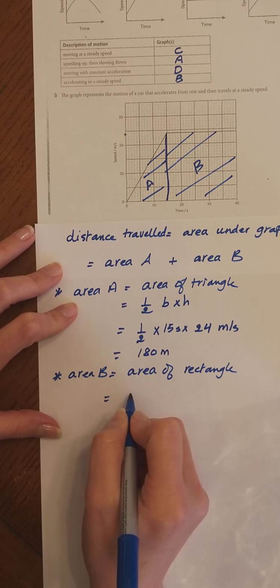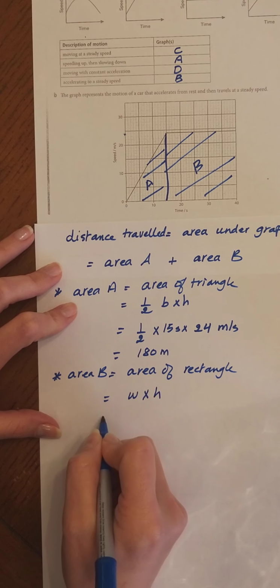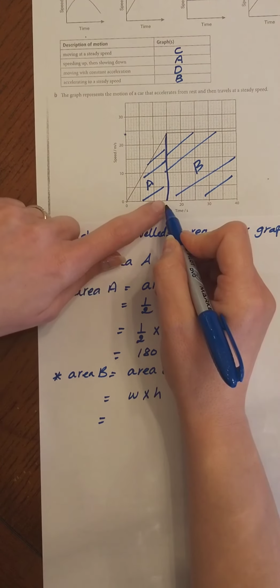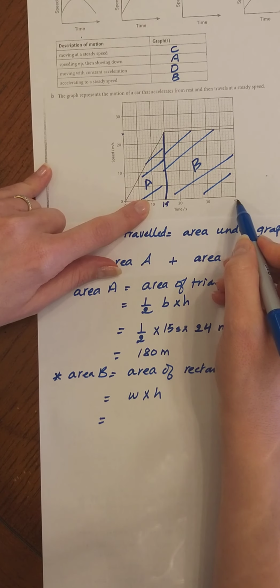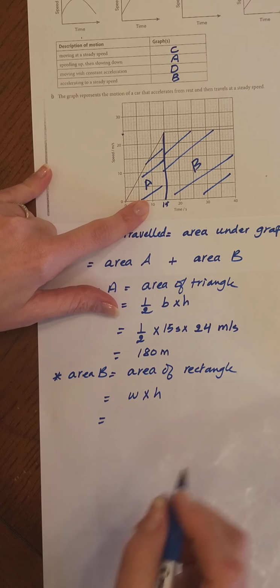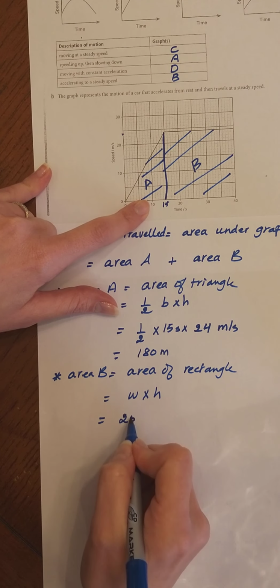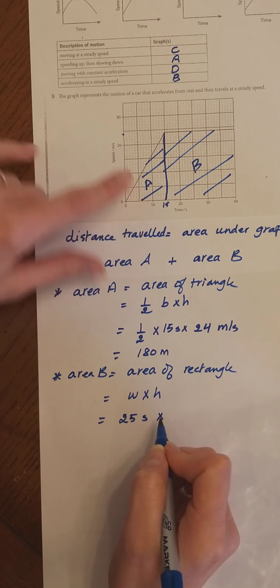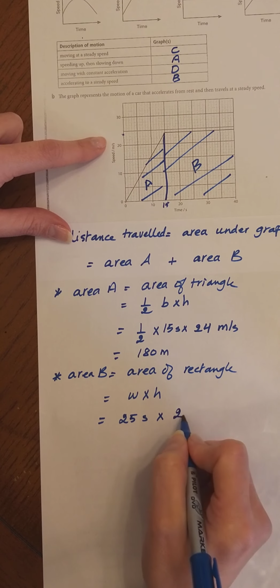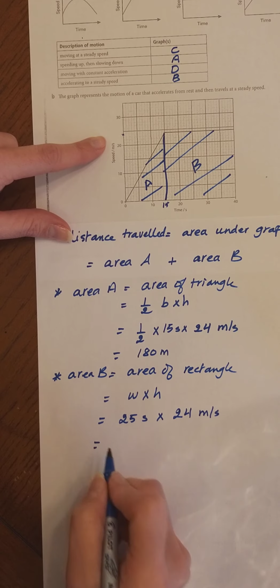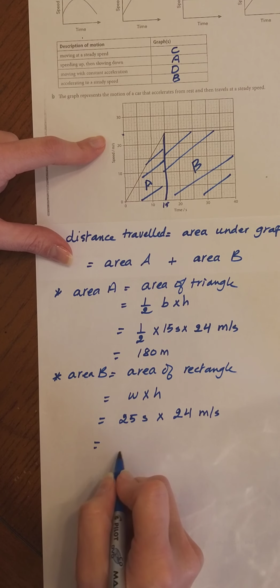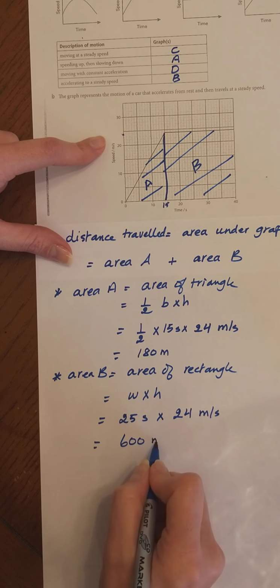It equals width multiplied by height. The width starts at 15 seconds and ends at 40. So the width is 25 seconds multiplied by the same height, 24 meters per second. The answer is 600 meters.